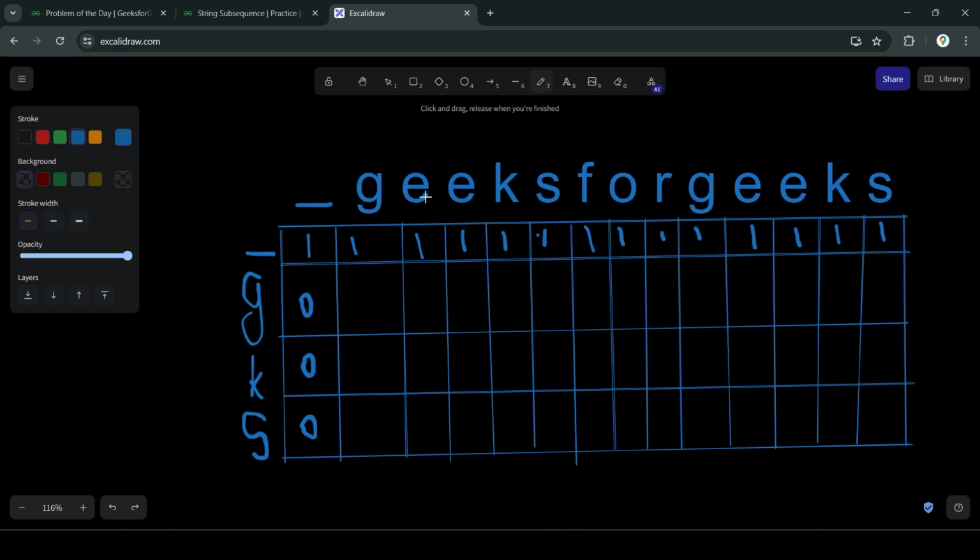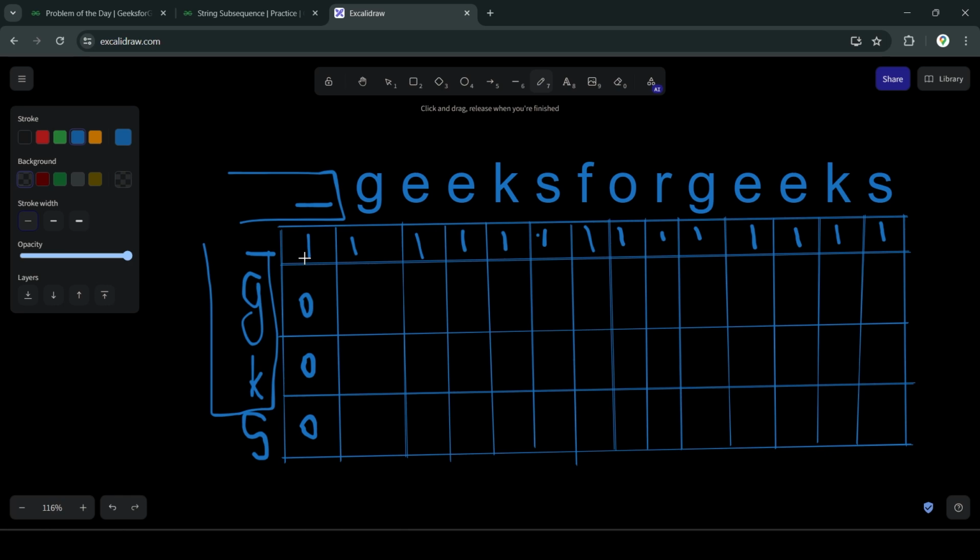Now for these zeros, what does this mean? Suppose I am talking about this part: G, K and null. Is null G, K present in this part? Obviously not. This null G, K cannot make a subsequence of this null part, so I have put 0 here.